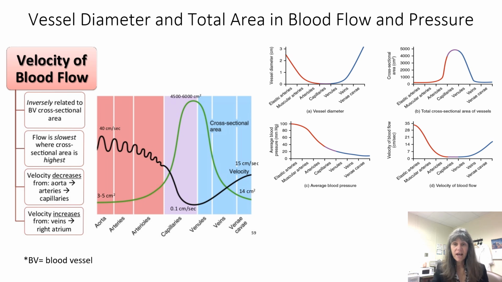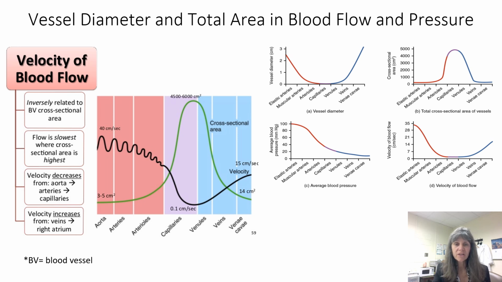If we look at the chart that way, on the left-hand side, you'll see that cross-sectional area is the green line. It's the one that comes to a peak right at about 45 to 60,000 centimeters squared, and the velocity or speed of blood is the black line. And it starts a little bit higher on the left side of that chart on the left.